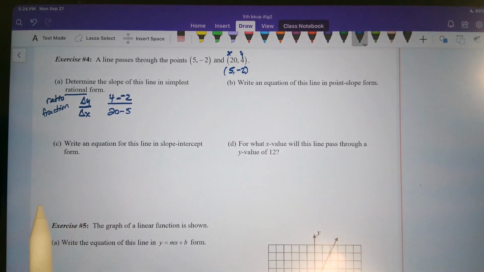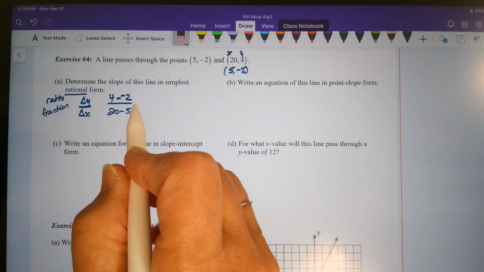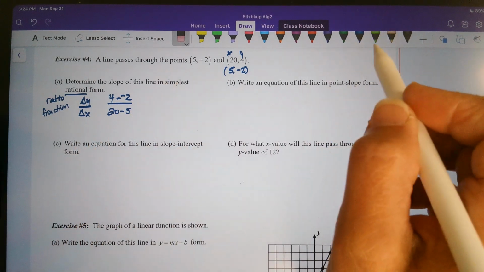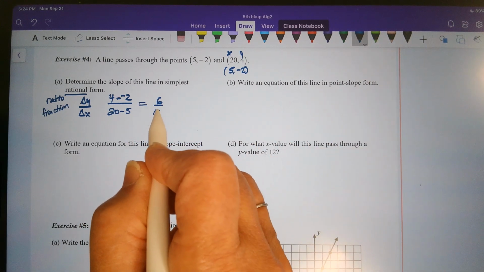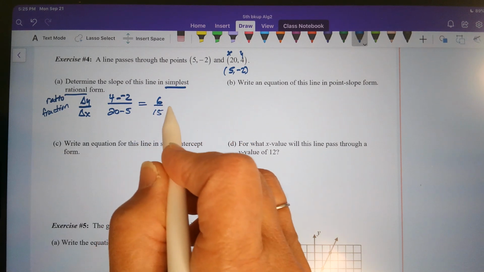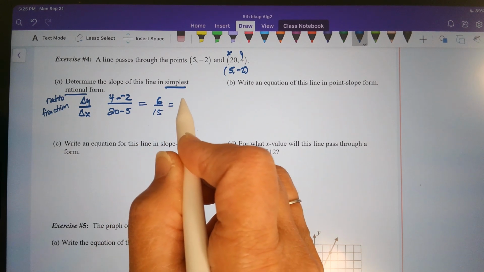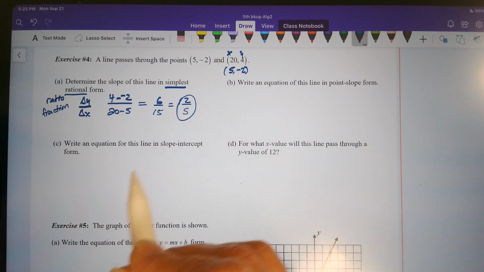The y's, the outputs, make up your numerator, and the inputs, the x's, make up your denominator. So this is 6 over 15, and reducing that, dividing each by 3, this is 2/5. 2 over 5 is our slope.